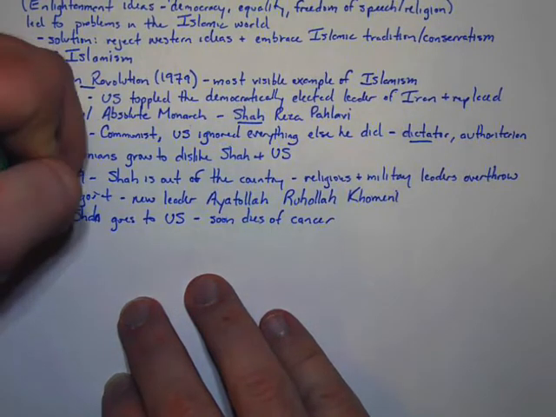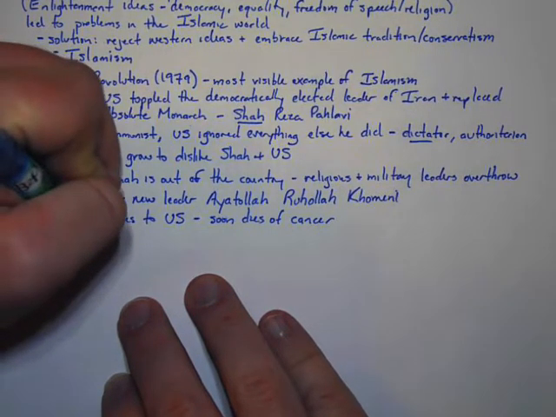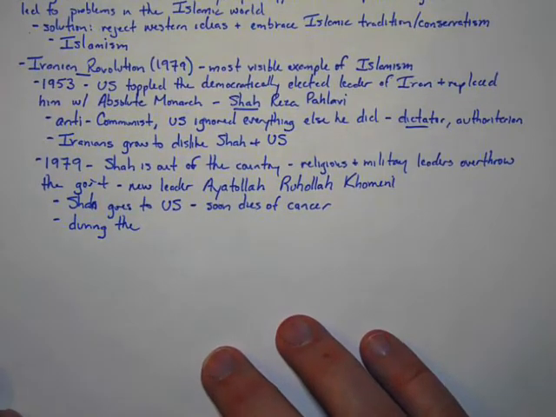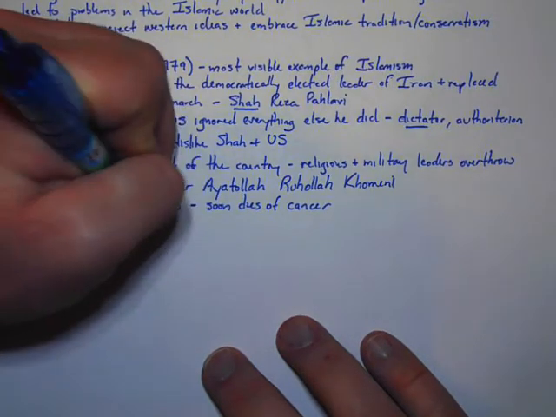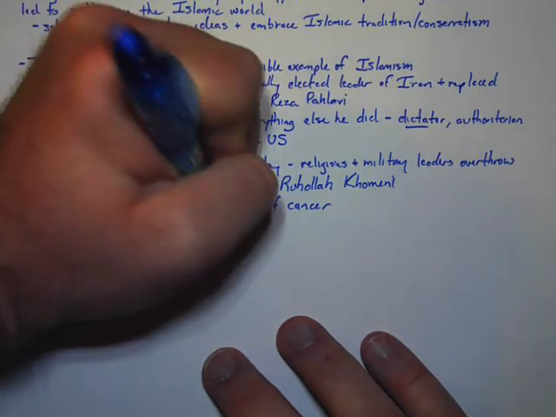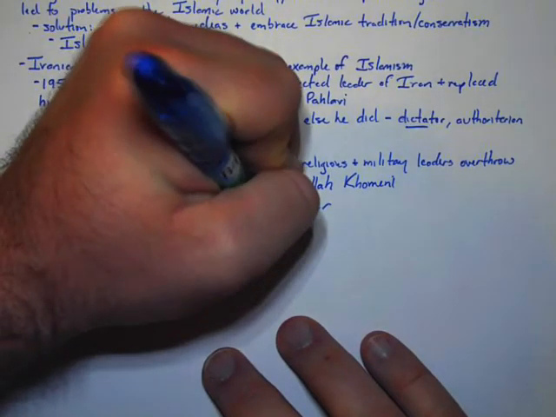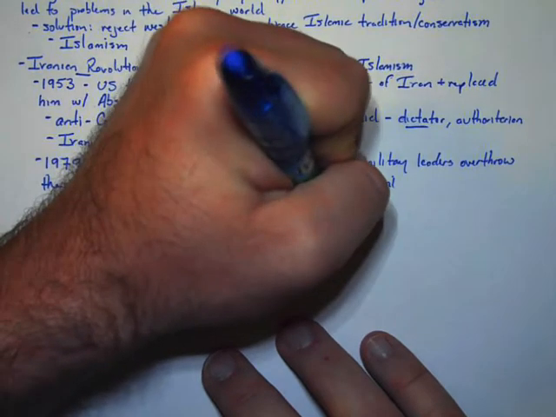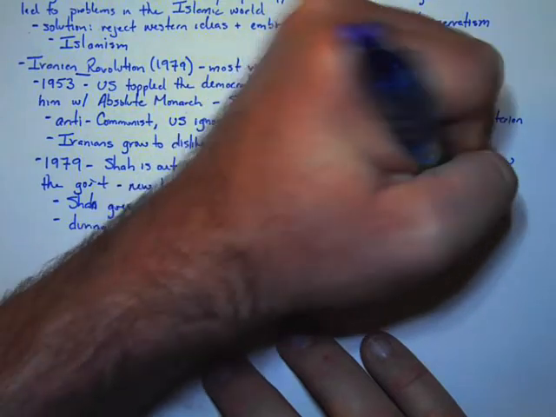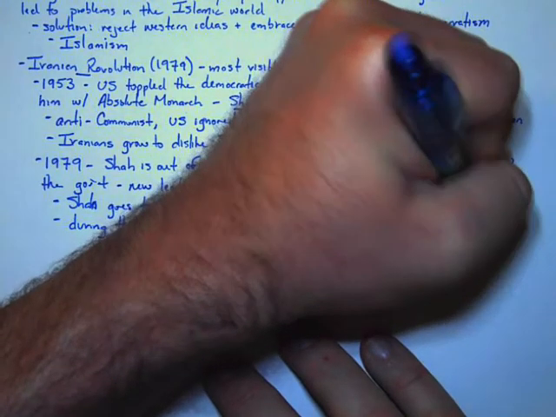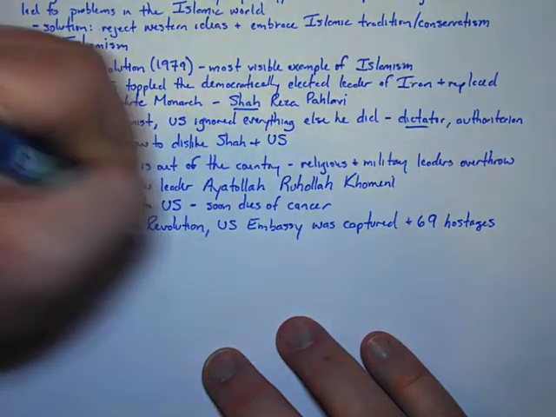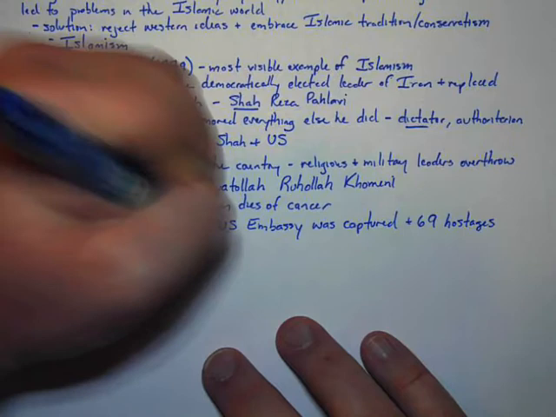Now, during the revolution, and this is why the Iranian Revolution is so infamous in the United States, the U.S. Embassy was captured and 69 U.S. hostages were held for about 18 months.